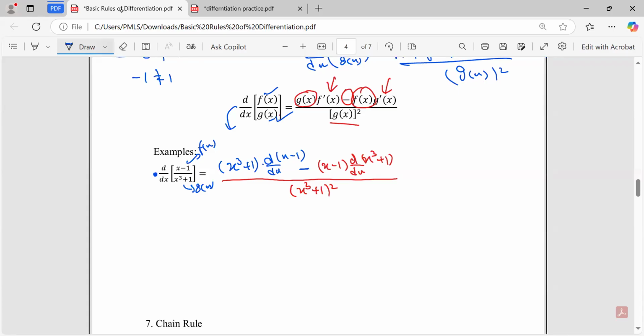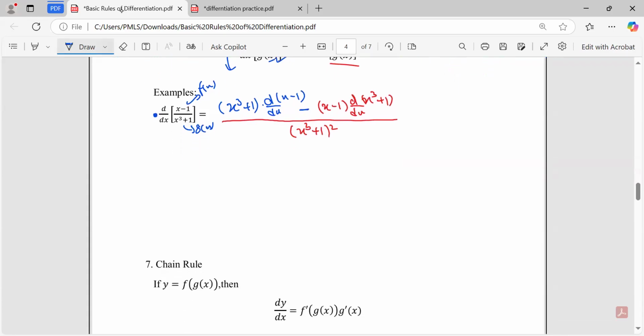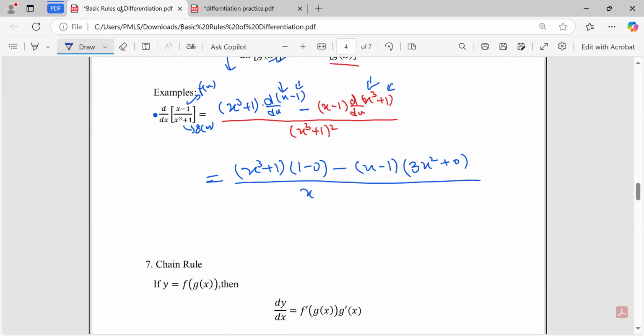After that, the derivative of x is equal to 1, and the derivative of the constant is 0, minus x minus 1 times the derivative of x cube, which is 3x square by the power rule, and the derivative of the constant is 0, divided by x cube plus 1 raised to power 2.